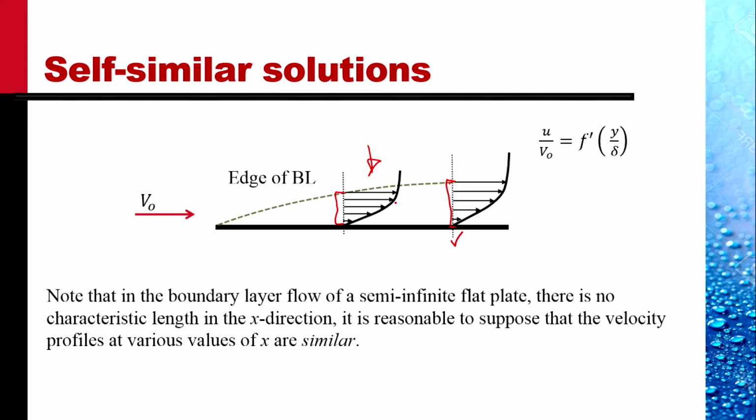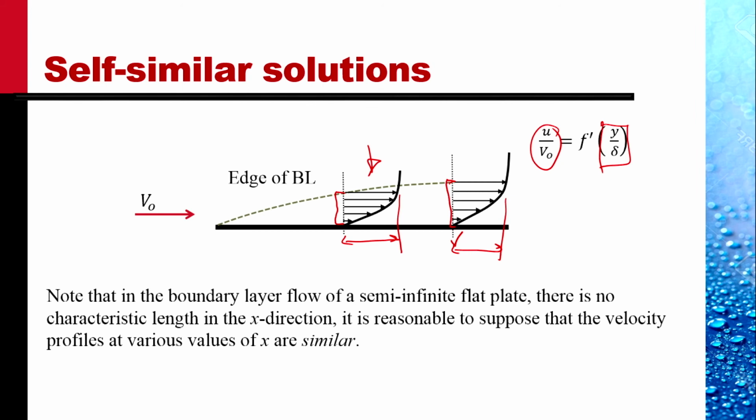There is no change in the velocity scale, U by U naught is the same, but the y is scaled by delta. This is nothing but the manifestation of self-similarity.